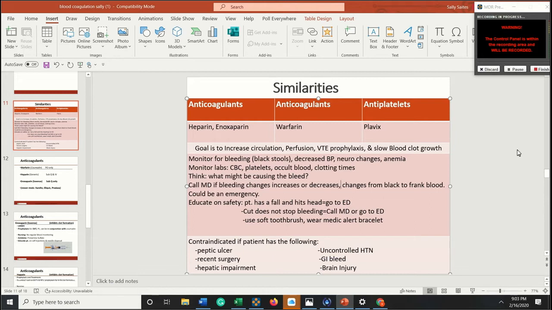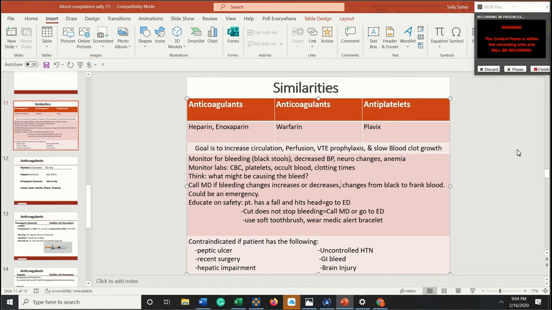So we're going to look for black stools, but we're also going to look for frank red blood stools if we have a lower GI bleed. Okay. We're going to look for neuro changes because if we're at risk of bleeding and we do have hemorrhagic stroke, then we're going to be bleeding out even more. And of course, anemia.